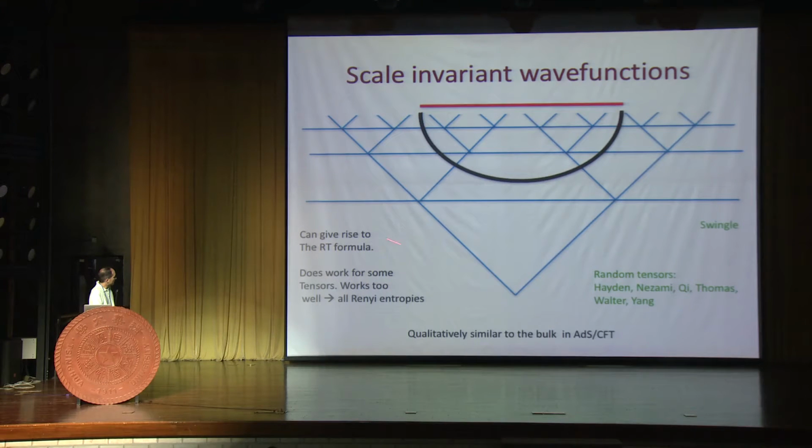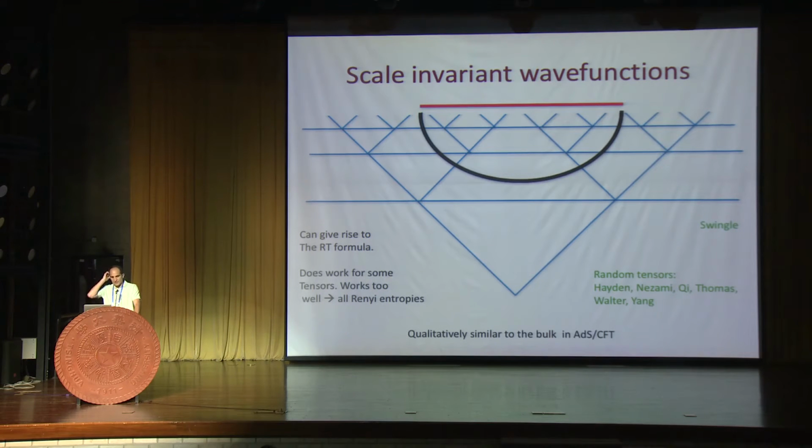So you can draw all possible surfaces here, and then you look at the one that cuts the minimal number of indices, and just summing up the dimensions of the Hilbert spaces here, we get a bound on the entropy. So this is the maximal entropy that we could get from such a wave function.